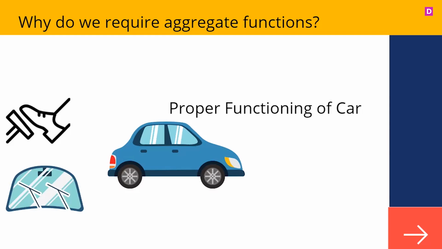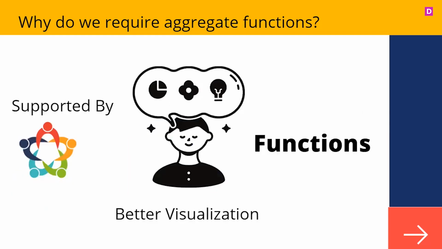Similarly in Tableau, we have different kinds of function categories, and each of these categories, what I mean is that maybe you can relate your brake to a function in Tableau, and a clutch to another function in Tableau. Because each of the things like clutch or brake is trying to achieve some functionality, right?